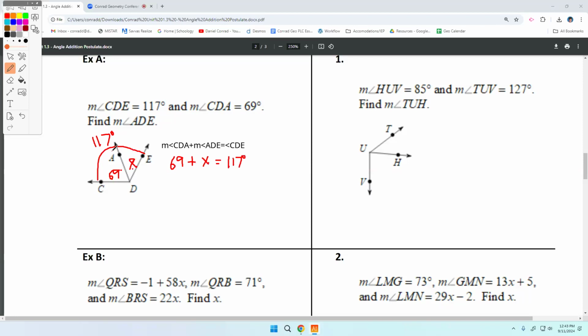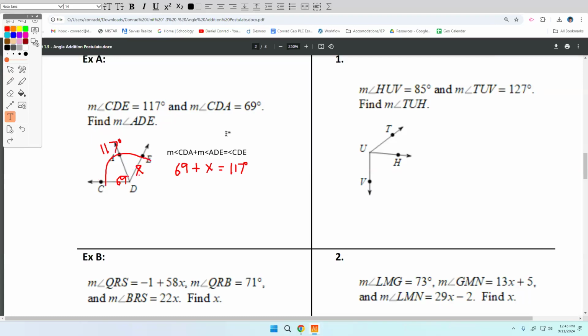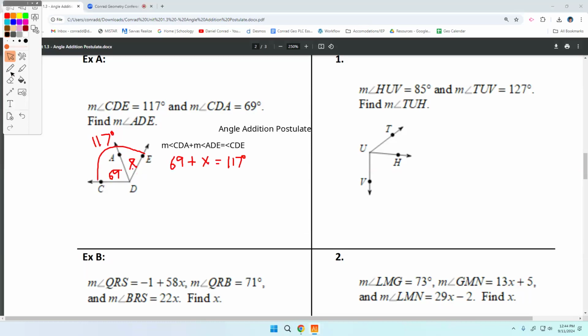The one thing we forgot to do is justify our equation. This equation is coming from the angle addition postulate. And then we subtract 69 on both sides and we'll get our answer. Minus 69, minus 69.